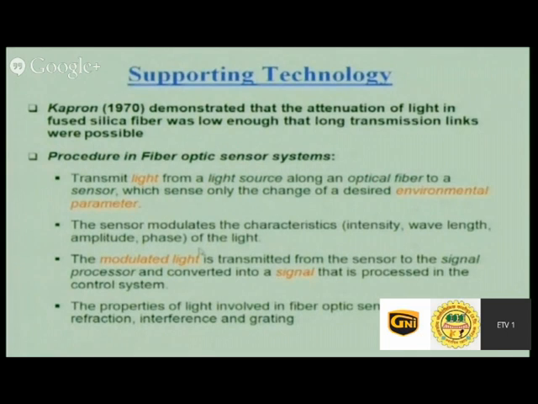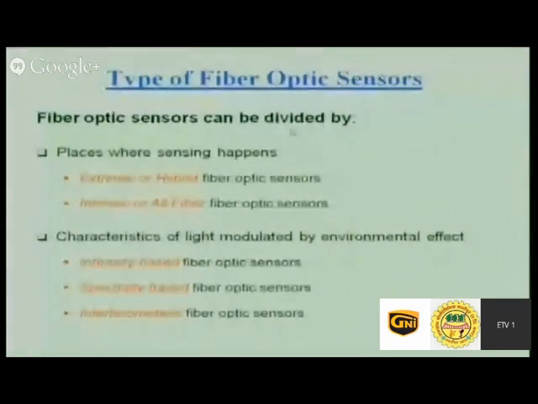So the same technology is used. We have to modulate the light. So we have to see the change in the behavior of the signal. The property of light involved in the fiber sensor can be tested by any of the means. So these are the types of optical sensor.